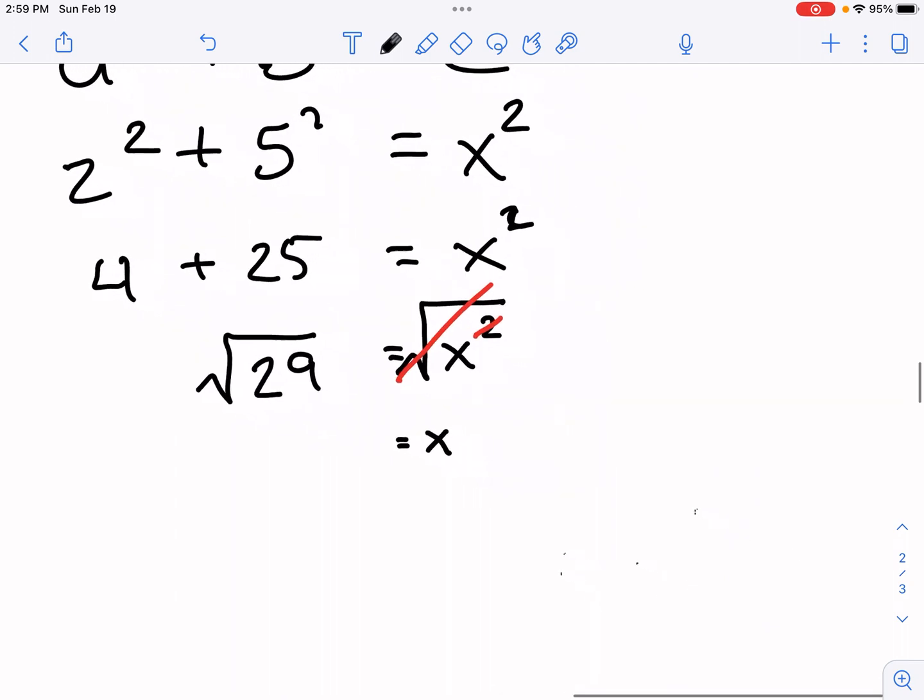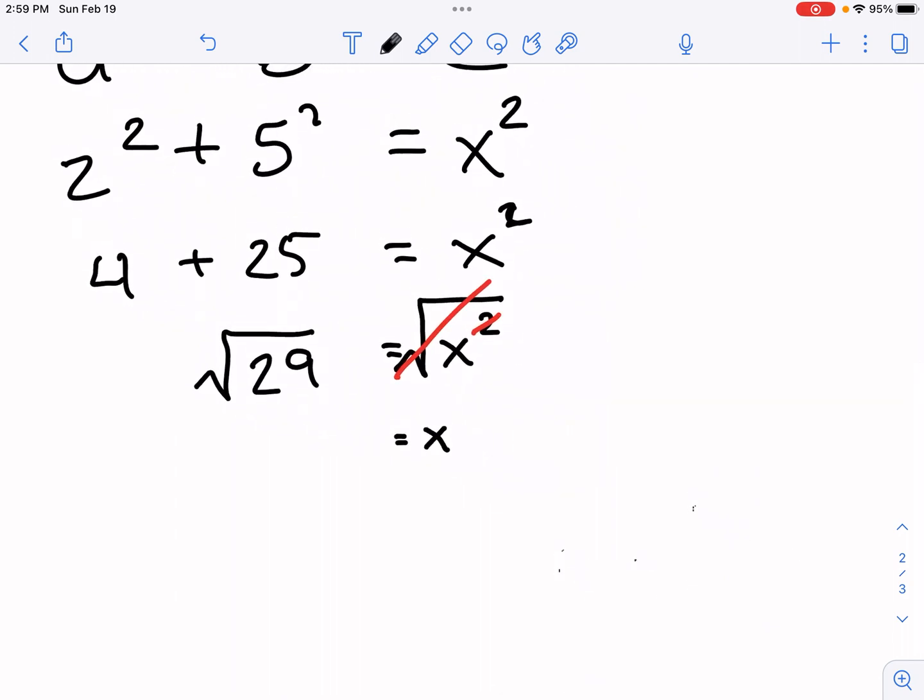Square root of 29. Now, if you remember simplifying square roots, we have to find which two perfect squares this is in between. 29 is in between square root of 25 and square root of 36. I'm getting this from our last lesson. Square root of 25 is 5, and square root of 36 is 6.